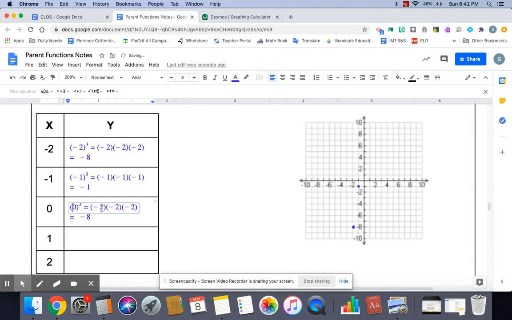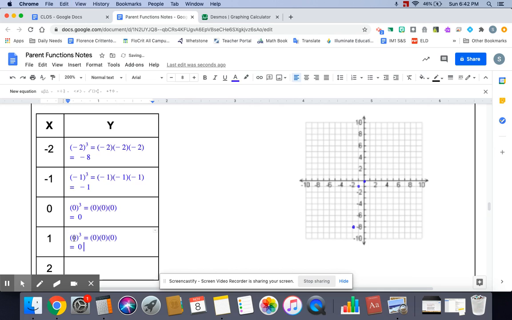If I were to plug in 0, 0 times 0 is 0 times 0 is 0. So there's a point at 0, 0. I plug in 1. That means 1 times 1 times 1, which is just 1.